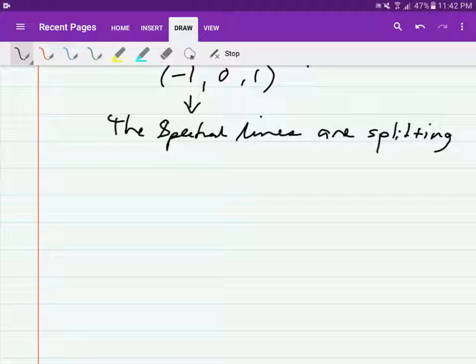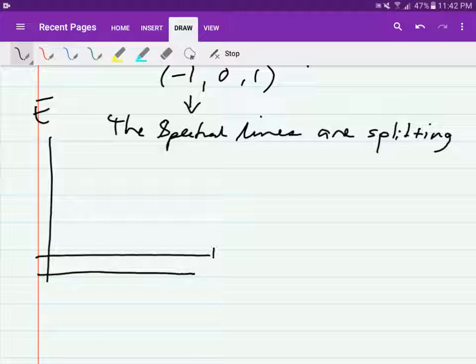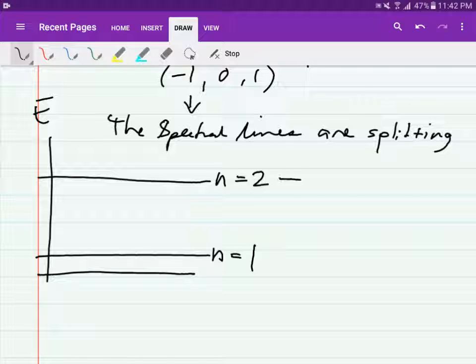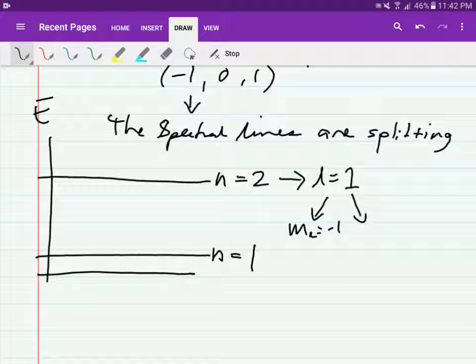Okay, so why is that so? Let's have energy on the y-axis, and here we have n equals 1, and here we have n equals 2. For n equals 2, for the state L equals 1, this actually has ml equals -1, 0, and 1.